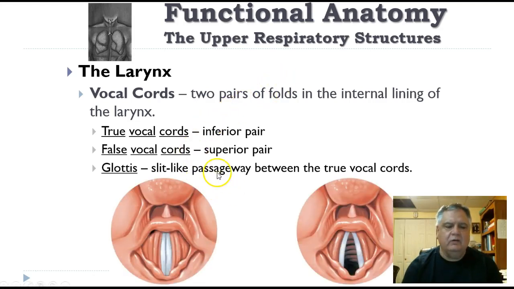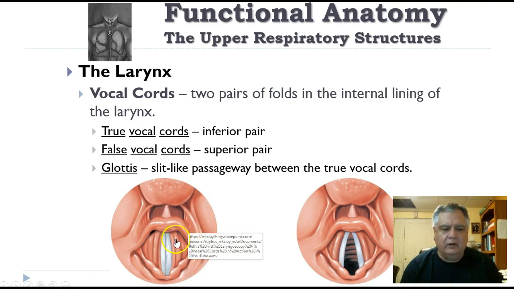So here are some diagrams. First, here on the left side diagram, these two white bands that we see here are the true vocal cords. If you were to look at true vocal cords, they actually are kind of whitish like that. Even though this is an artist's conception, that is a good depiction there.